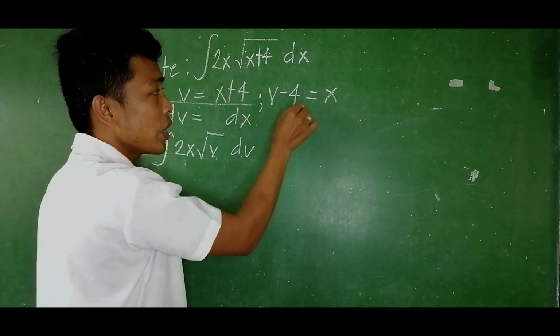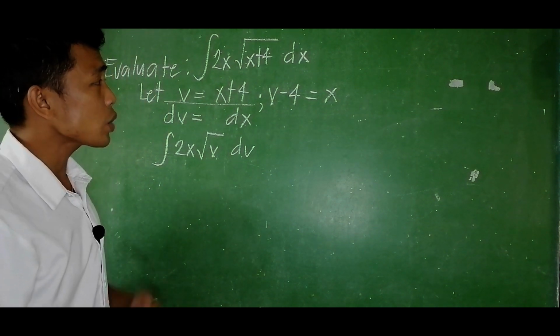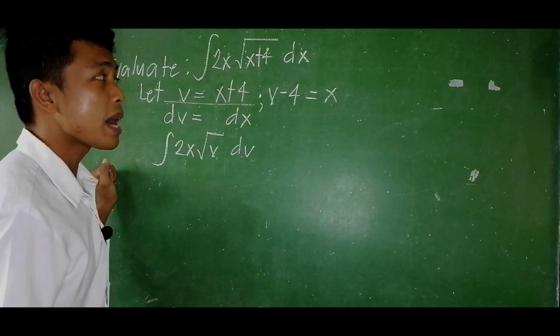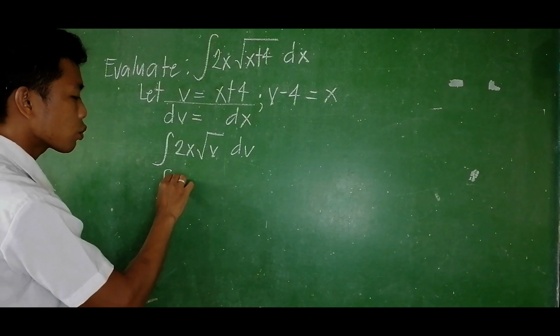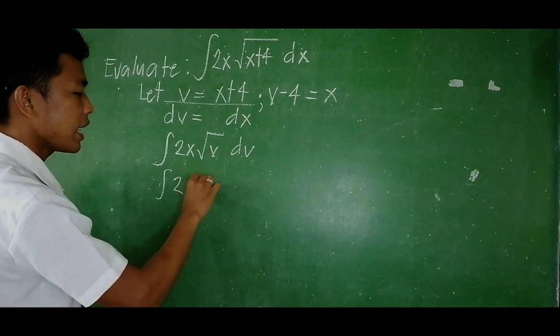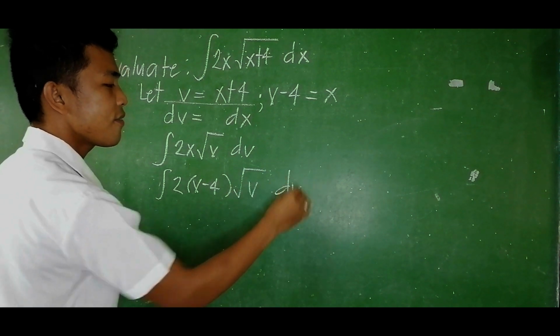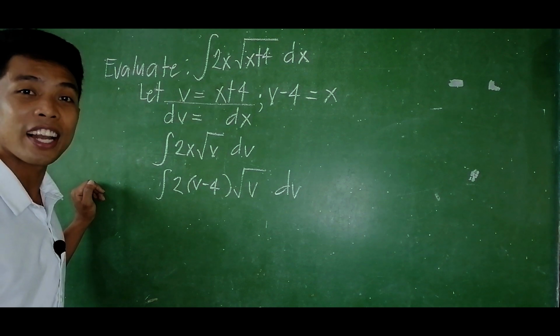So v minus 4 is equal to x, meaning what we have here is v minus 4 instead of writing x. So we will get 2 times v minus 4 times the square root of v dv. This time, we already have one single variable.